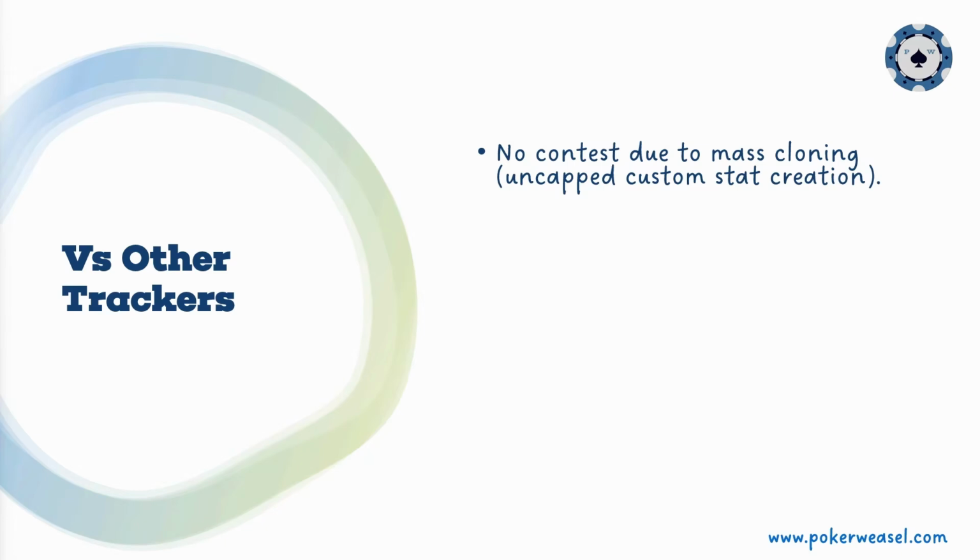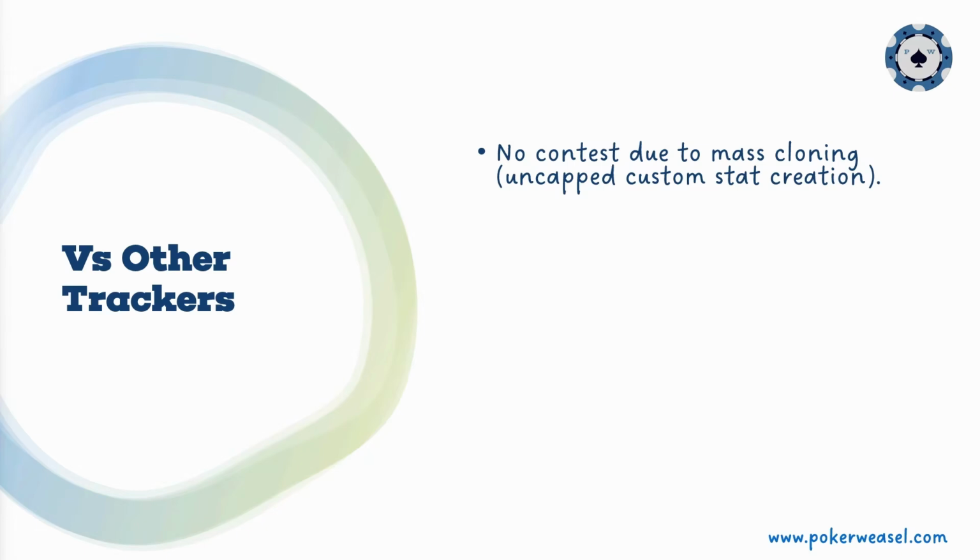Imagine I have a few hundred stats that I've created for single raised pots. Now let's imagine I want all of those same stats, but for 3-bet pots. Even if other trackers support custom stats, we would have to individually recreate each one of those stats for a 3-bet pot. And then if we wanted those same stats for a 4-bet pot, we'd have to do the same thing again. This takes a very long time, even to generate several hundred stats.